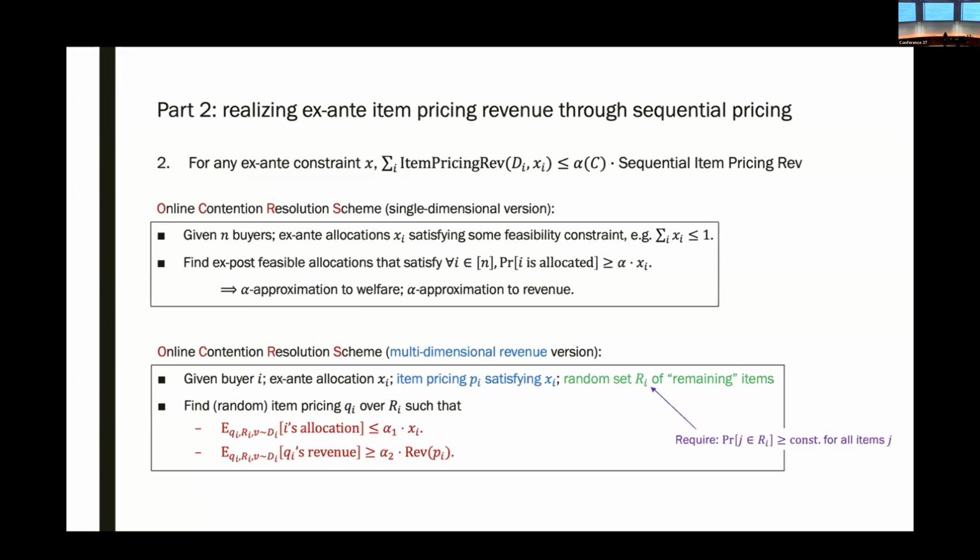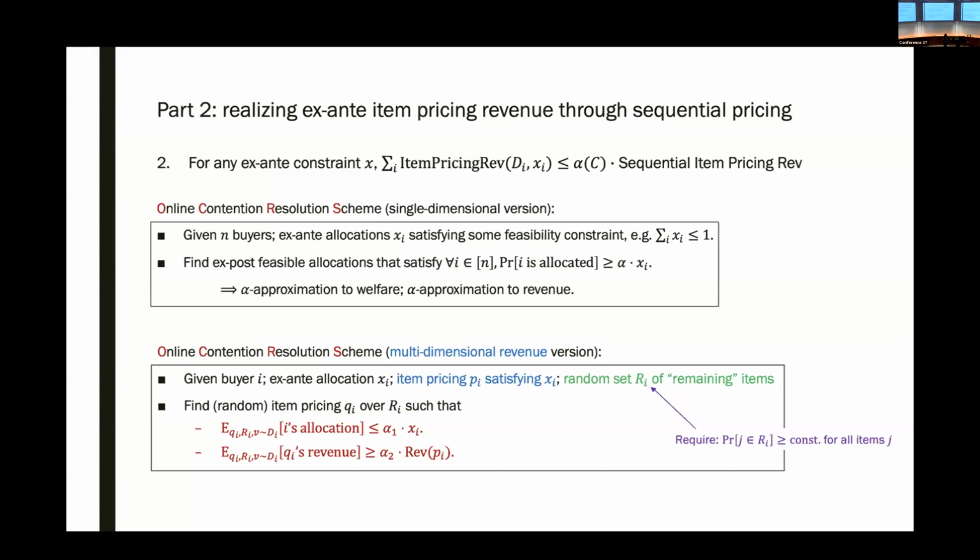All of this put together with the fact that ex ante item pricing revenue approximates ex ante combinatorial revenue, we get polylogarithmic approximations in the number of items. And I want to emphasize that the approximation factors depend only on the number of items and not the number of buyers.